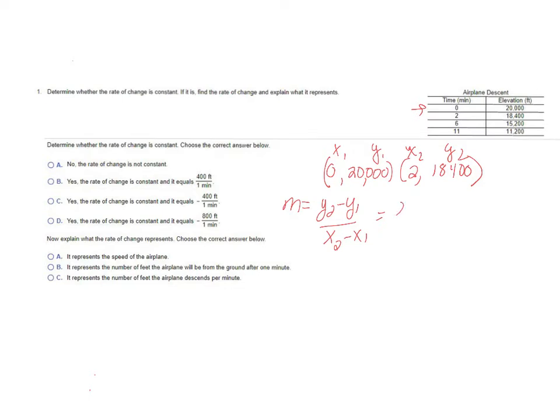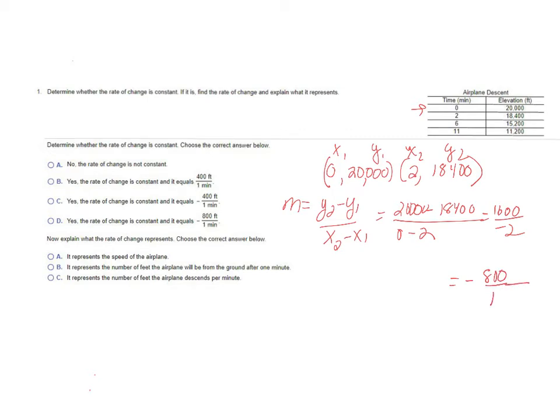So I'm going to say 20,000 minus 18,400 divided by 0 minus 2 is going to give me 1,600 over negative 2, which then will reduce to negative 800 over 1.